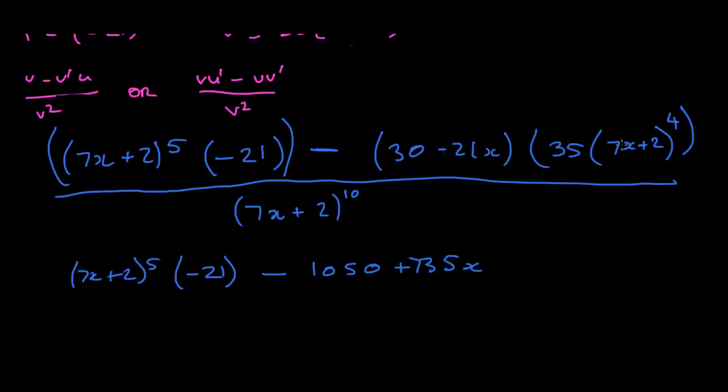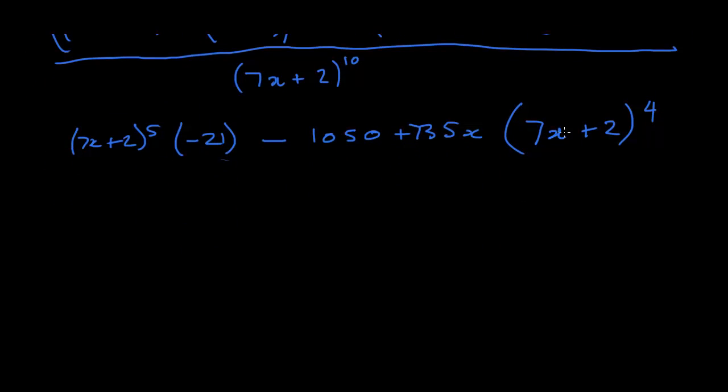Okay, here we go. And then all this is going towards (7x + 2) to the power of 4. Now we can take this entire function and factorize everything, so we can make this very simple.